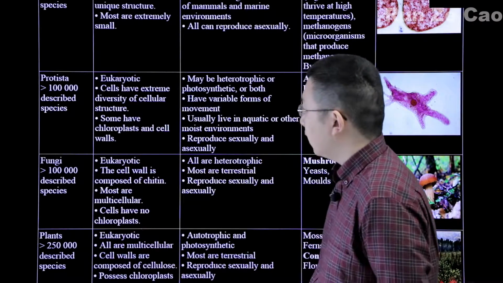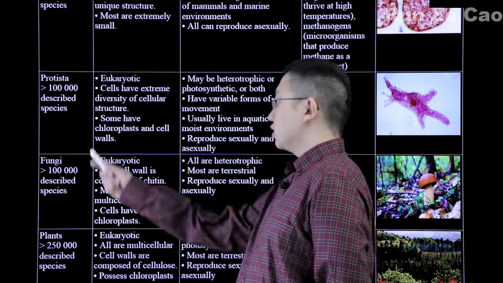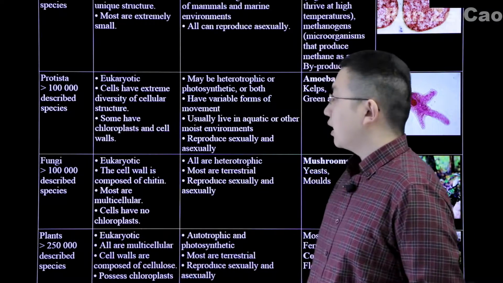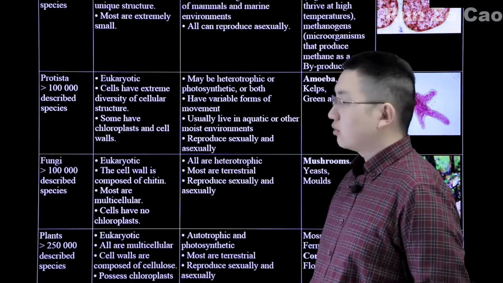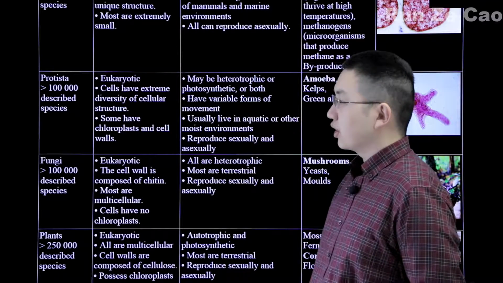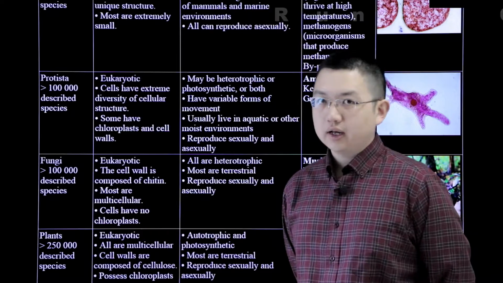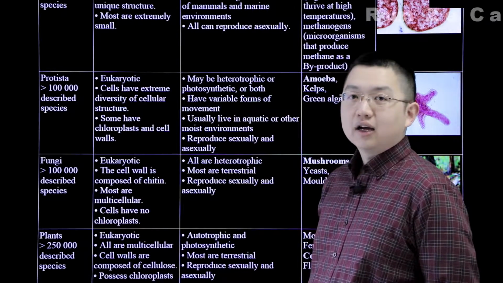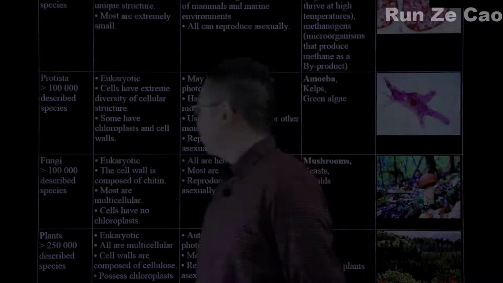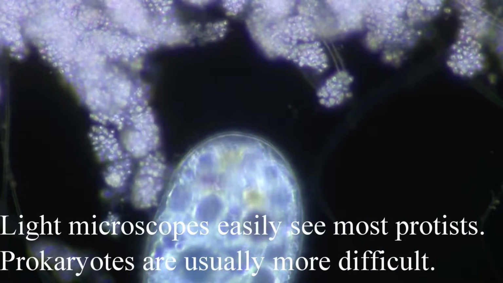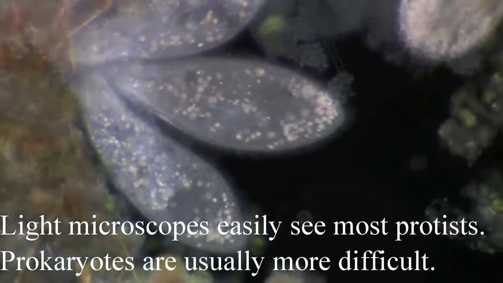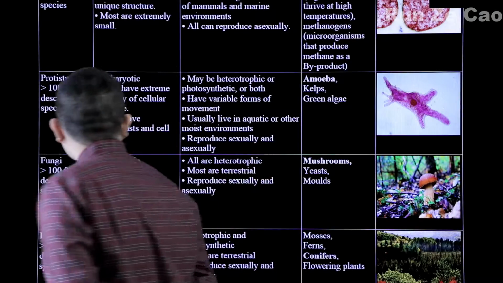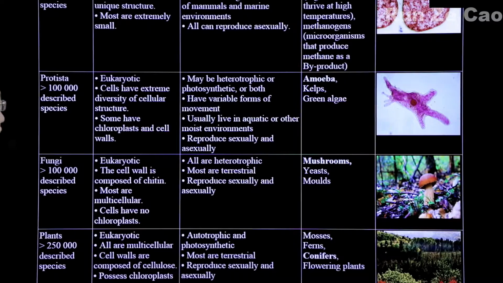Now, Protista have a pretty large number of described species because they tend to get identified from, say, fresh water, and they're relatively easy to culture compared to bacteria and archaea, and relatively easy to identify under the microscope. Now, they have extreme diversity of cellular structure.